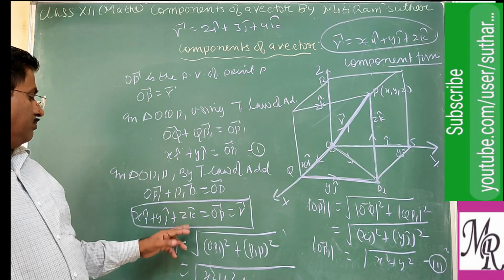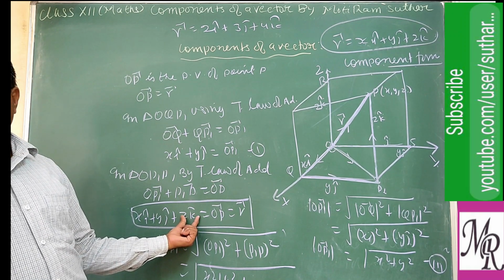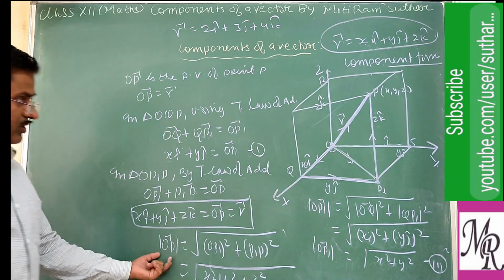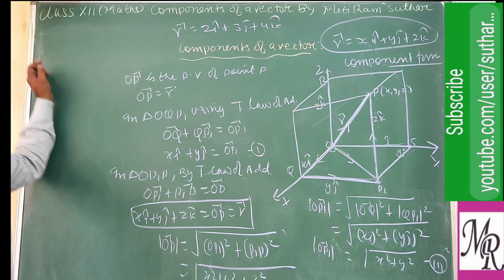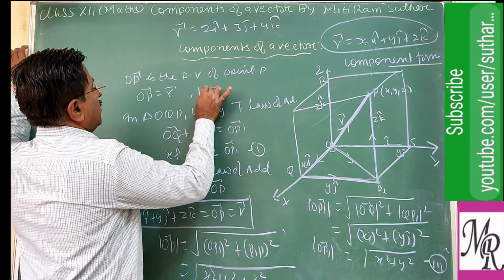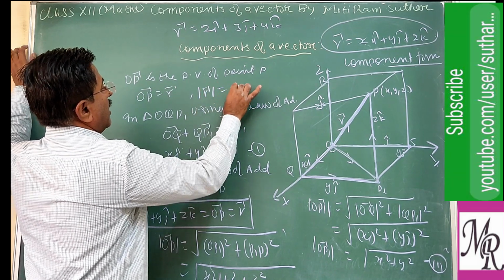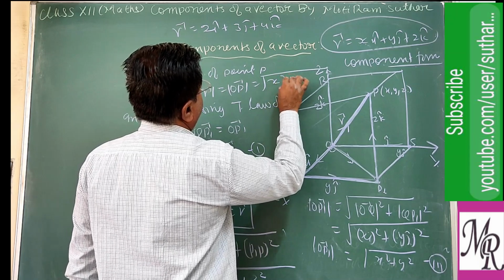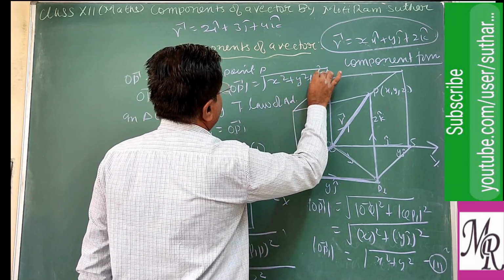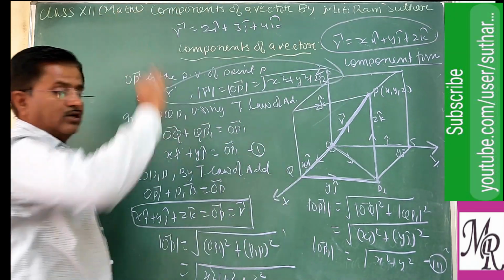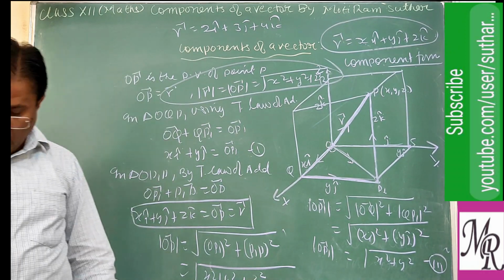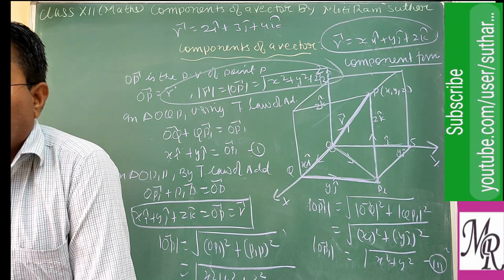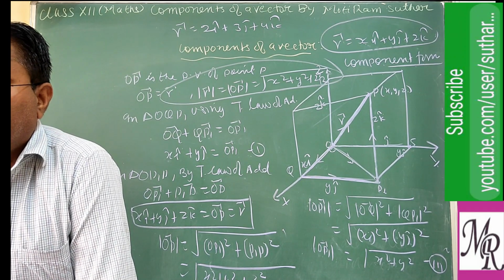What is the value of P1P? That is ZP, and its square is z square. So finally we get OP, that is, the modulus of vector R, equal to root of x square plus y square plus z square. In this way one can find the mode of a vector in component form.